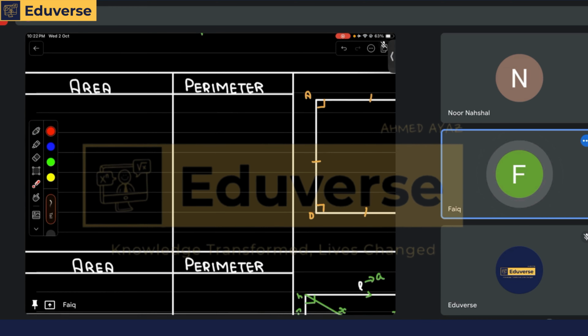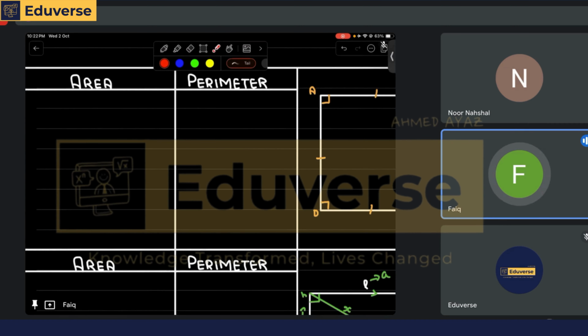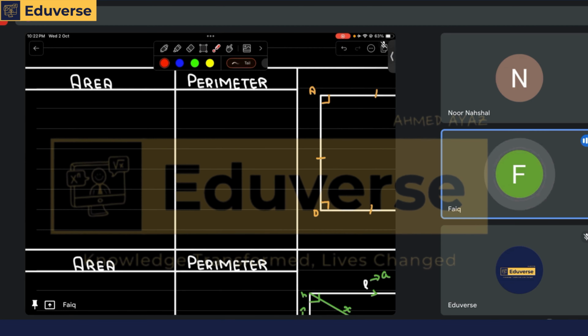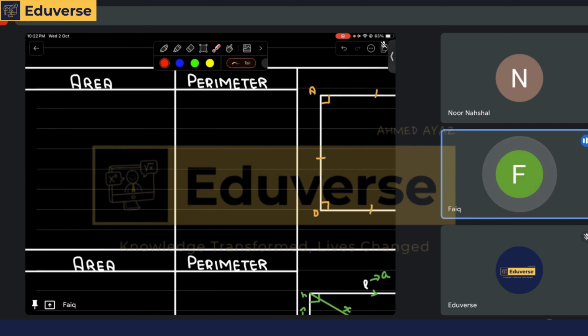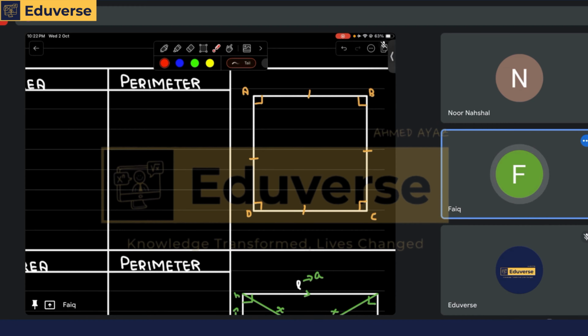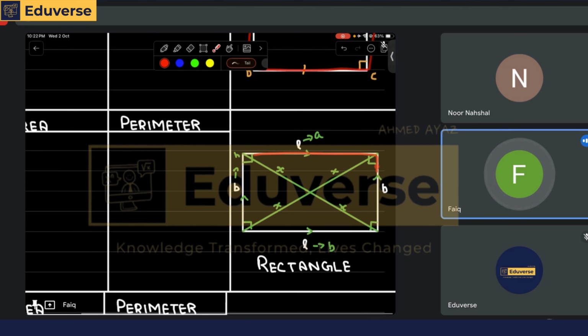Let's try calculating its area. So just remember, there is a short technique that whatever the 2D shape you are dealing with, especially I'm talking about the four-sided shapes. So we have several four-sided shapes. The first four-sided shape is square. The second four-sided shape is rectangle.